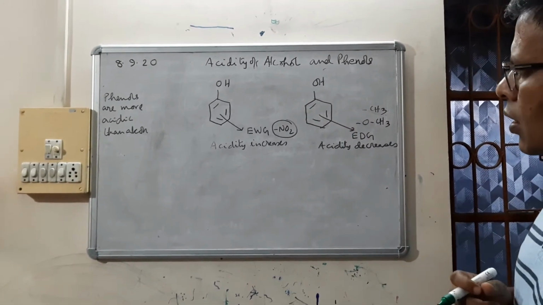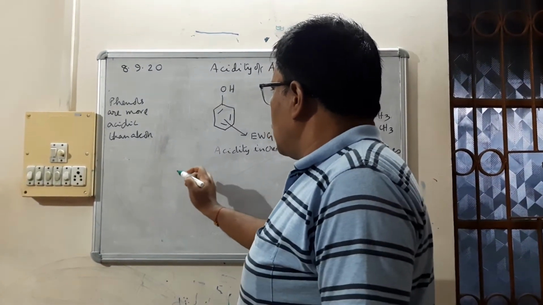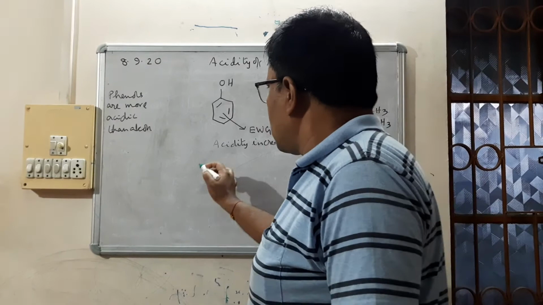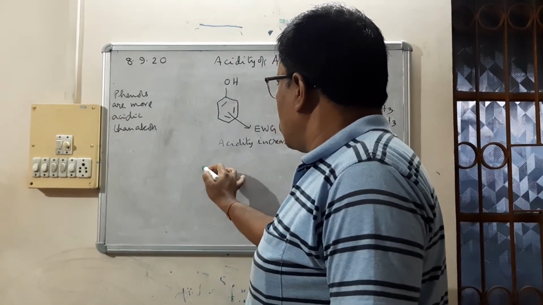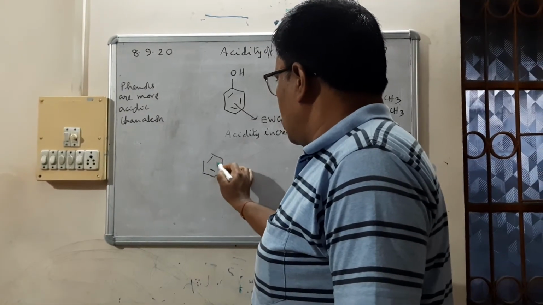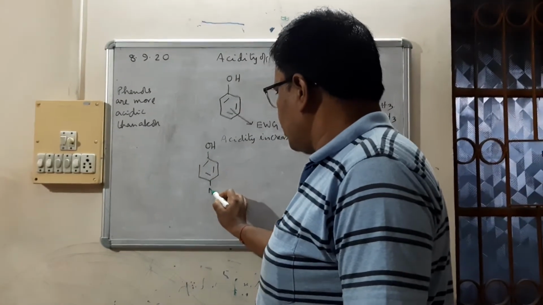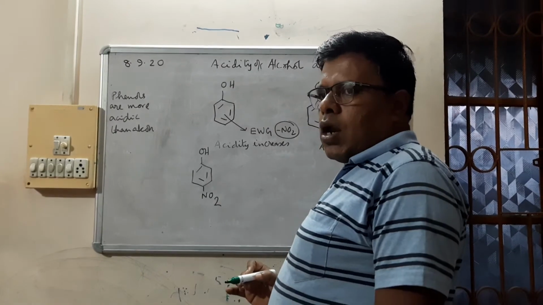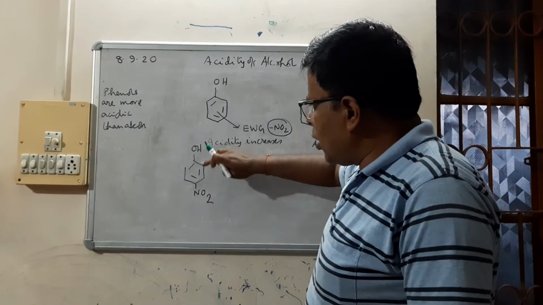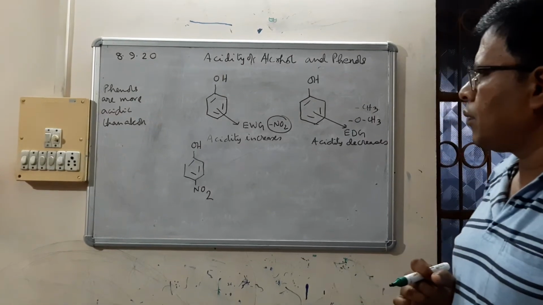So let us discuss this point. Suppose you are asked how we can explain this acidity order. Say this is paranitrophenol. Paranitrophenol is more acidic than phenol. Explain why.